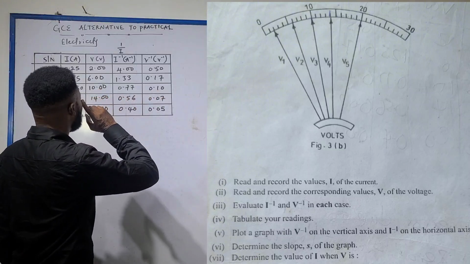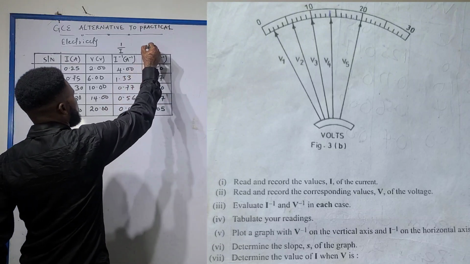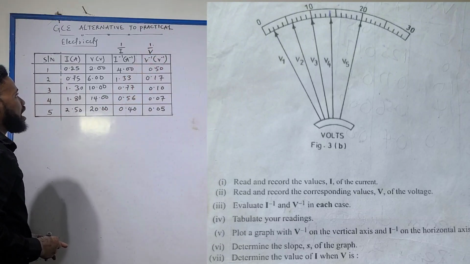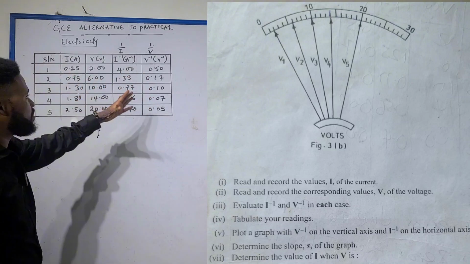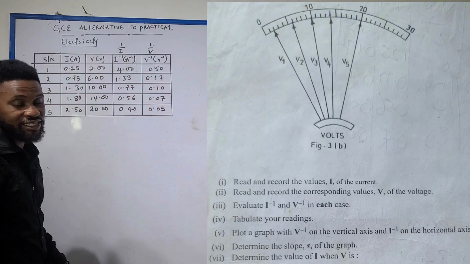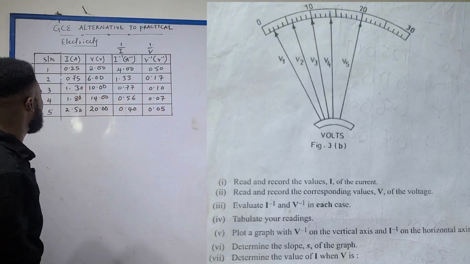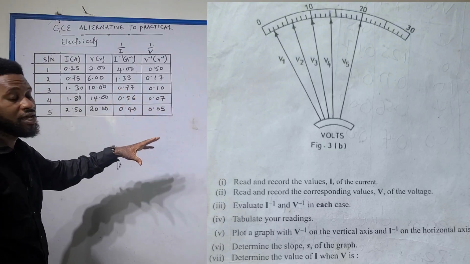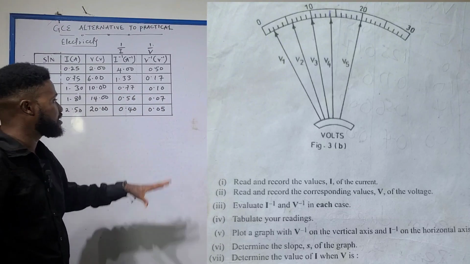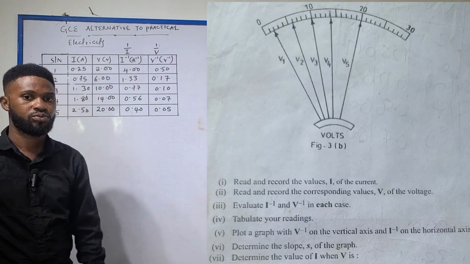For the voltage, the inverse of the voltage is 1 over V. 1 divided by 2 is 0.50. 1 divided by 6 is 0.17. 1 divided by 10 is 0.10 per volt. 1 divided by 14 is 0.07 per volt. 1 divided by 20 is 0.05 per volt.